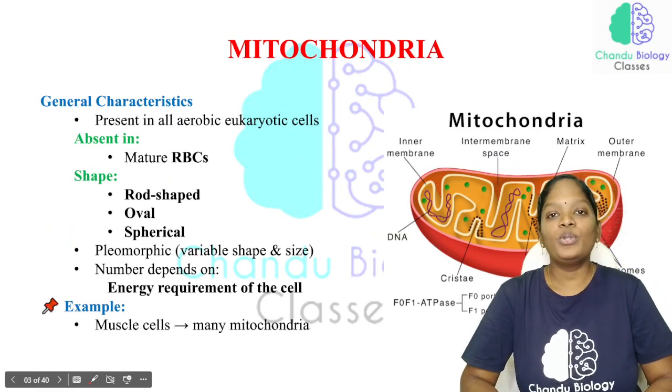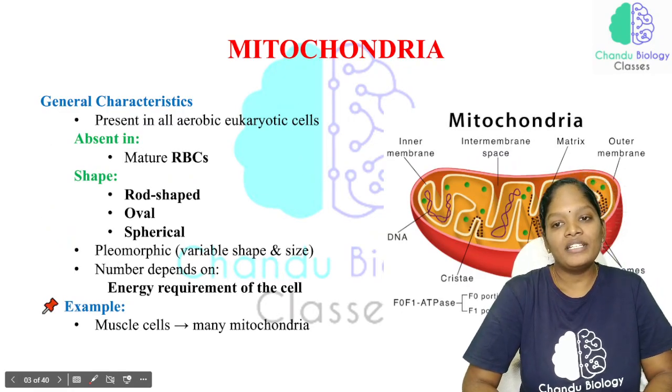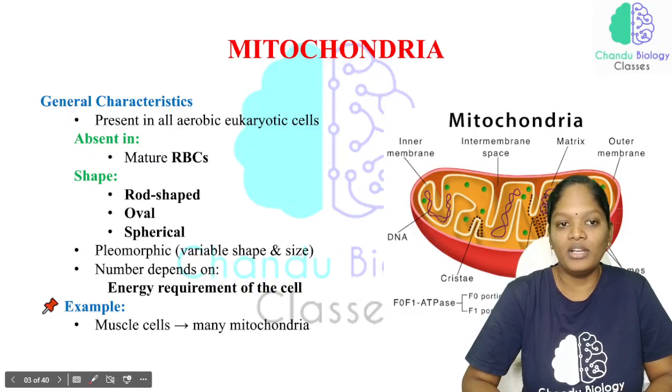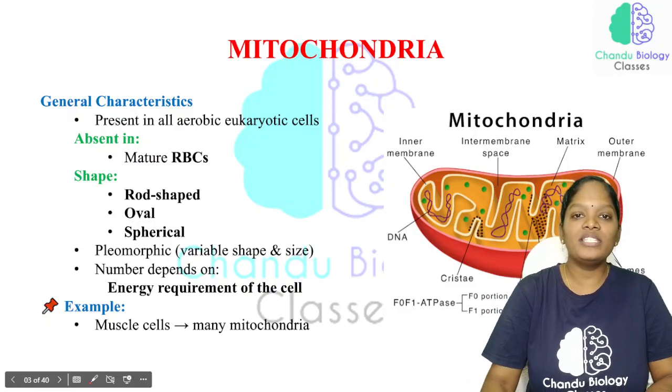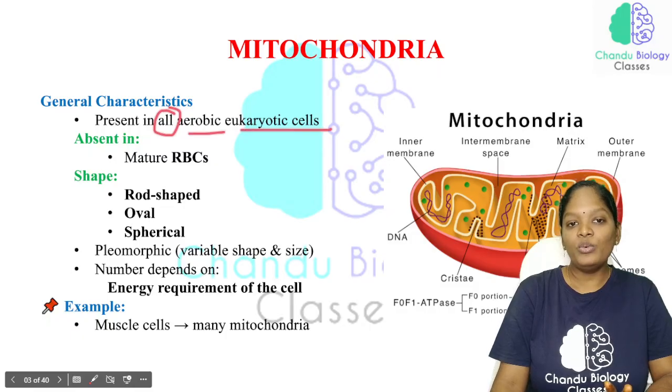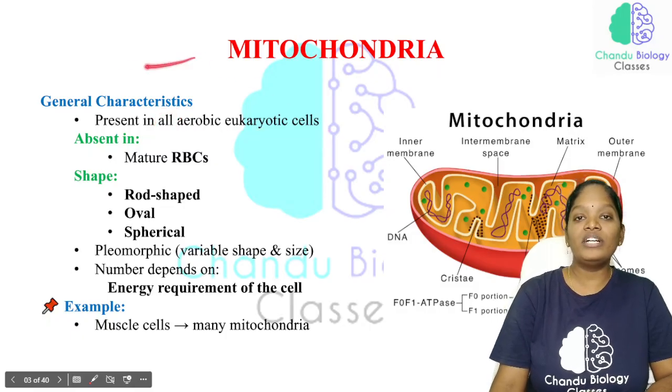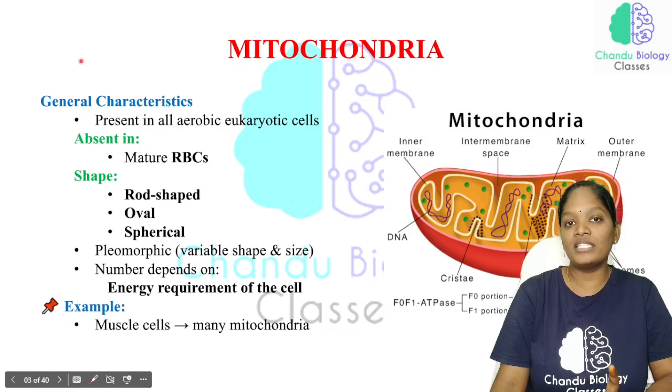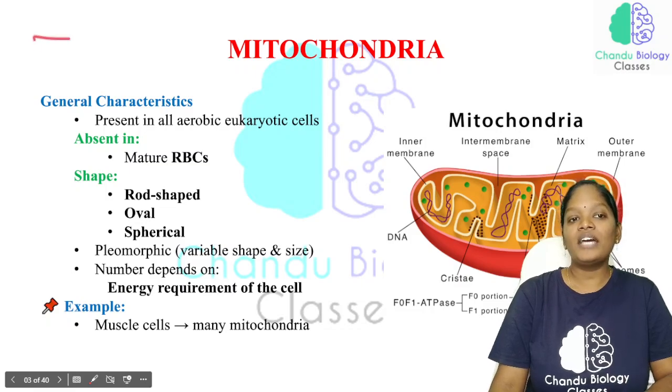Now you should know the general characteristics, the size and the shape of mitochondria. First, the general characteristic feature of mitochondria is that it is present in all aerobic eukaryotic cells. See, in the first class I explained the cell theory, and whenever we studied the cell theory, we studied the endosymbiotic theory.